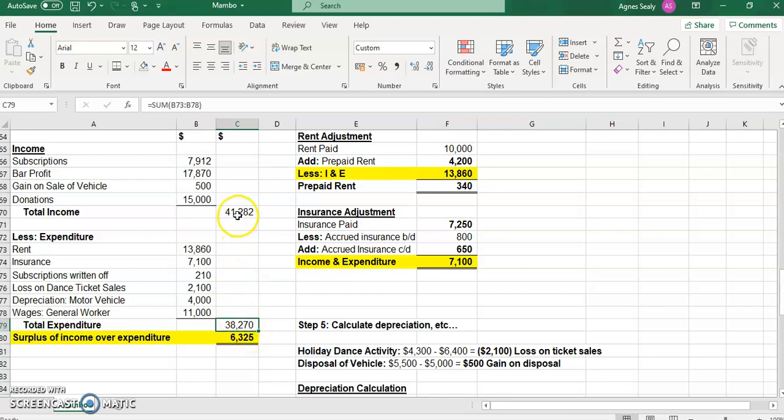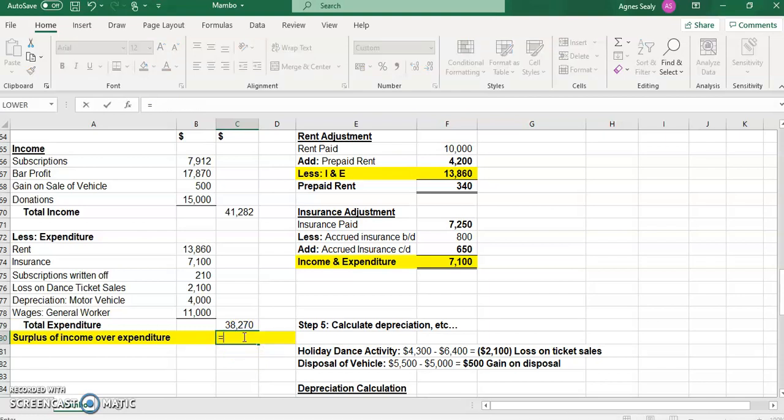Right, so now we have total expenses of $38,270, and that would be subtracted from our total income of $41,282, which gives us a surplus of income over expenditure of $6,000. Let me double check that again. I think that is incorrect.